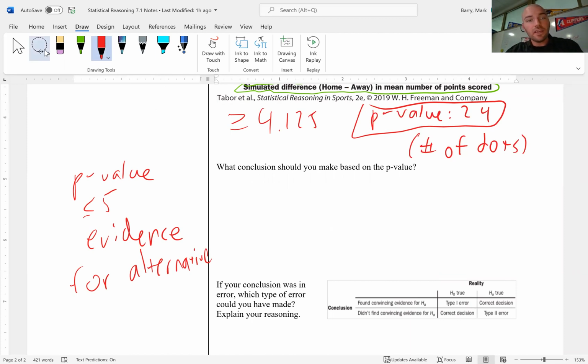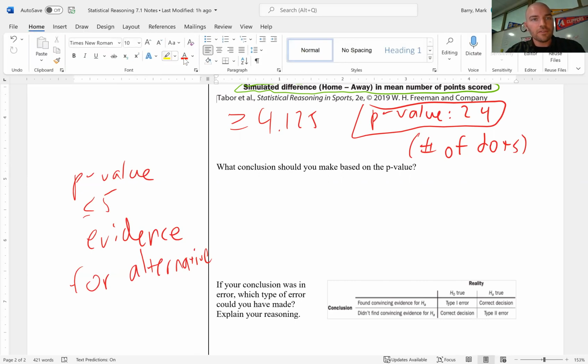So in this case, obviously our p-value is greater than 5. And so I would say here, something like, because it is fairly likely, and we say p-value equals 24, or you could say 0.24, or I'm going to say 24% since it's 24 dots out of the total 100 dots.